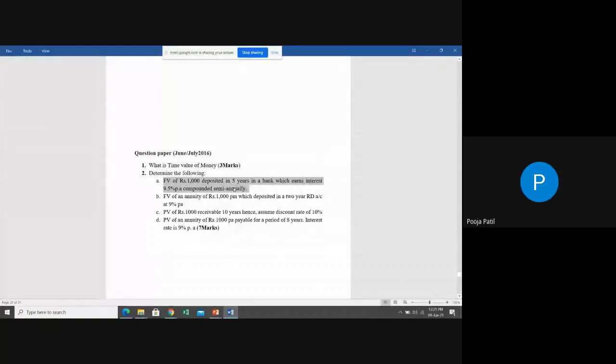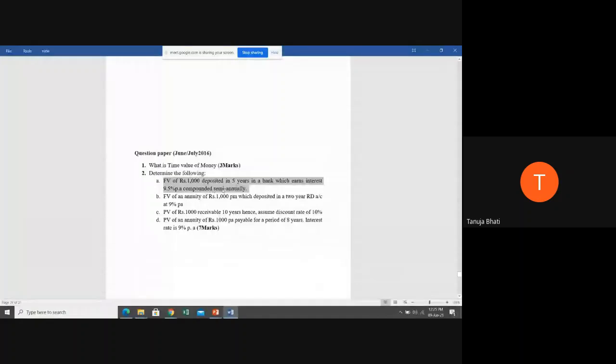Compound interest. Okay, what is the formula? A is equal to P (1 + R/N) raised to 2N, with R divided by 2. So when it is semi-annually, simply divide R by 2 and multiply N by 2.